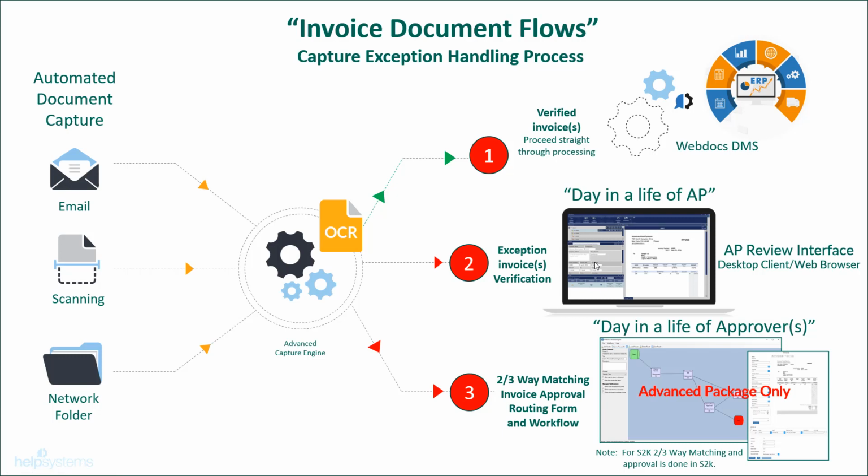Something broke on the invoice or the system couldn't read something, and we need to do verification, not data entry. This is also the same interface we can use to teach the software how to get smarter, using the self-learning capability inside of the application. The last step, step 3, is the three-way matching and approval process, being able to push documents into an approval process if things fail during that process.